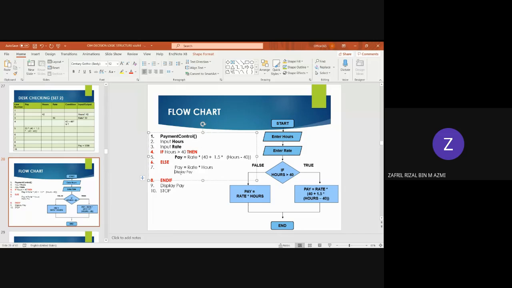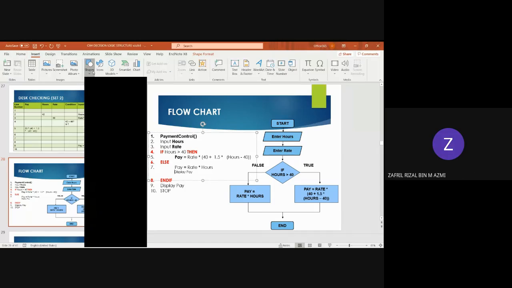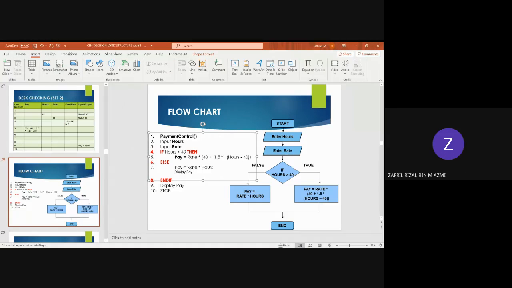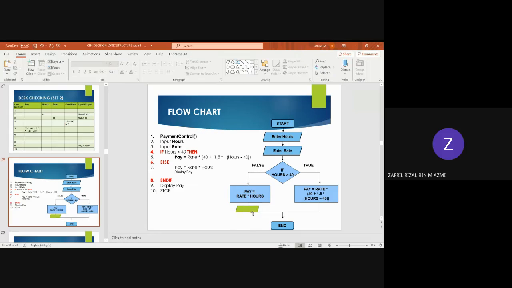If I put display pay over here, false. Okay, get it? So if I put display pay over here, meaning that the symbol for print is over here. False, kan? Right.